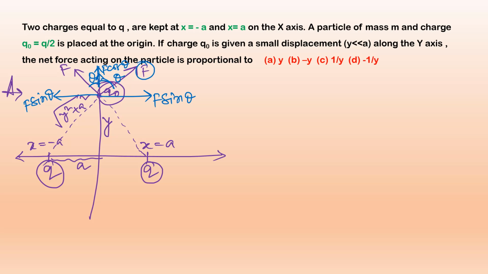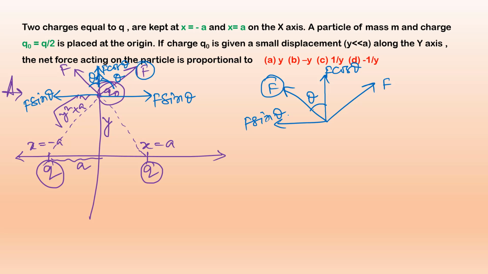Now the diagram is so dirty, I'm just explaining again. If we separate this part, this is one of the repulsive forces, this is another repulsive force, each of magnitude f. This is my y-axis, okay? With respect to the y-axis, this is the angle theta. So along this line the cos theta component will work for this force, and along this line the sine theta component will work.